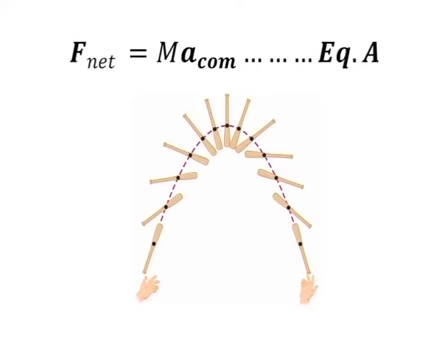M in equation A, in this case, is the mass of the bat, and F net is the gravitational force on the bat. The equation tells us that a com is equal to g. In other words, the center of mass of the bat moves as if the bat were a single particle of mass m, with force F net acting on it.